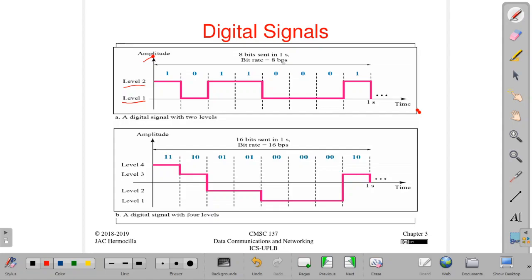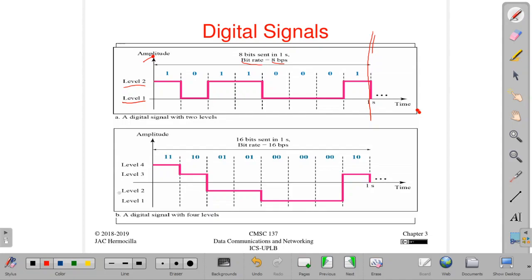So in this scenario, within 1 second, 1 2 3 4 5 6 7 8 bits are sent in 1 second. This means that the bit rate is 8 bits per second. So notice that we're using the bit rate value here.